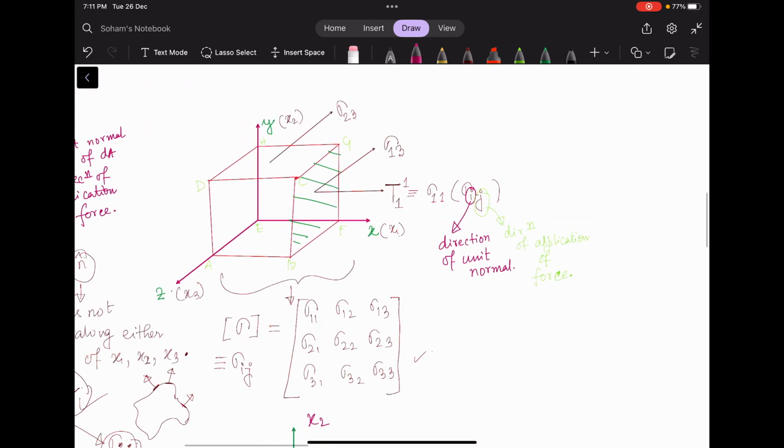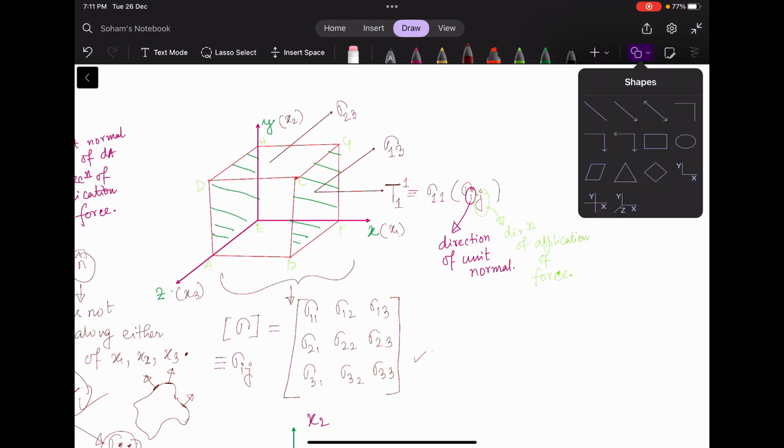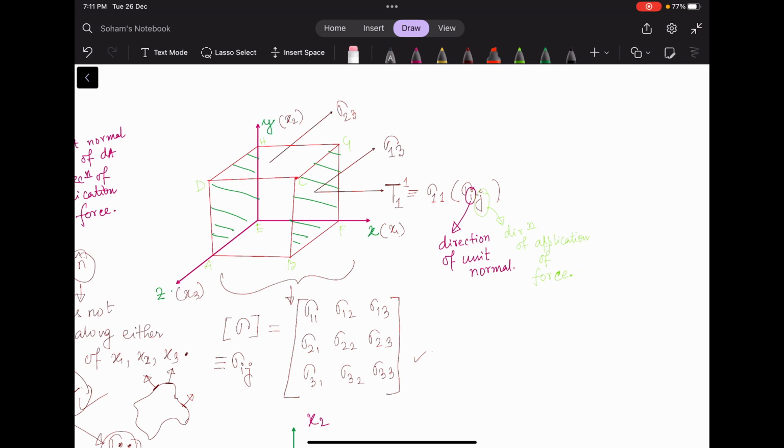Now before doing that I would like to tell you something. If I consider the forces on AEDH, that is on this surface, the convention is that we consider the force to be positive in the outward direction.